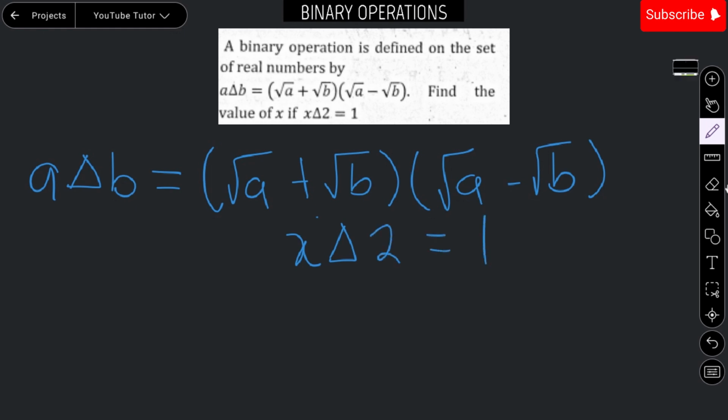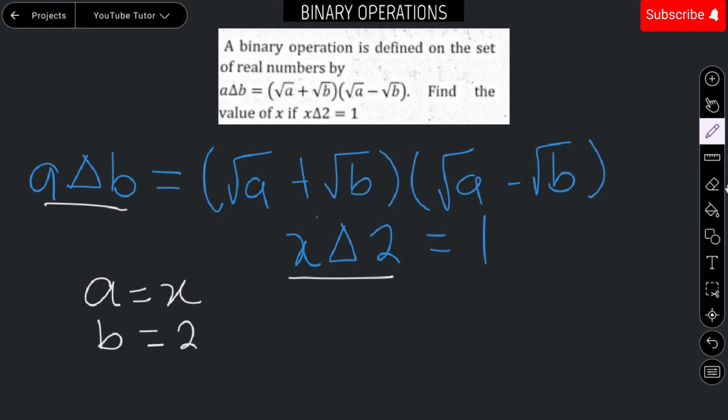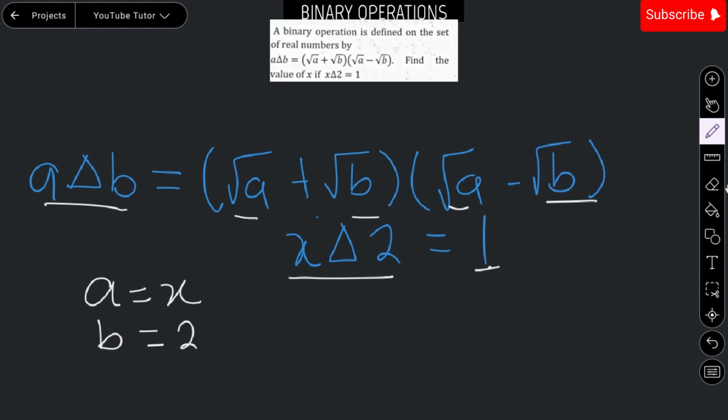Okay. So by method of comparison, we have A being x and B being 2. So I'm just going to substitute it into this, and what we get, we equate it to this one. So let me walk you through.